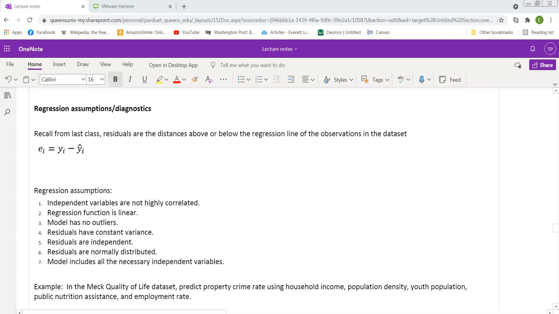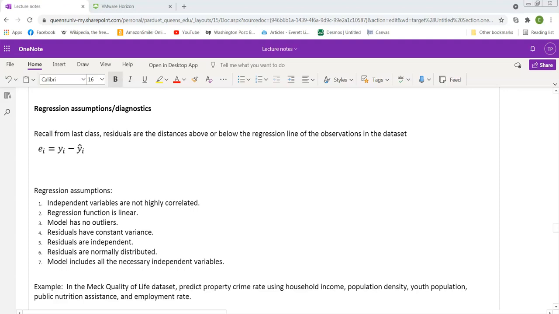So let me start by telling you where we're headed with this and why we're spending an entire day talking about assumptions of regression. On Thursday we're going to be building our model, and model building is somewhat of a messy process, and it's based on a lot of information. And by the way, when we say regression model, what we mean is, what does that equation look like? Which variables are in it?